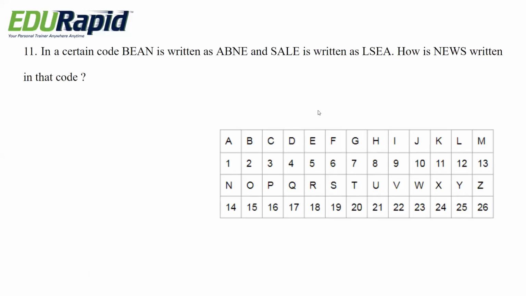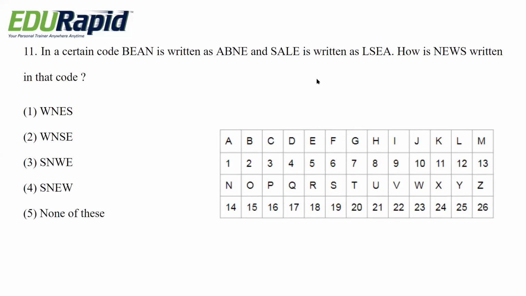Next question. In a certain code, BEAN is written as ABNE and SALE is written as LSEA. So in the same code language, how is NEWS written in that code language? Options are WNES, WNSE, SNWE, SNEW, none of this.